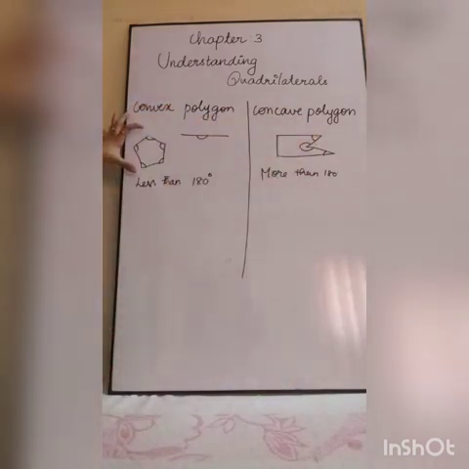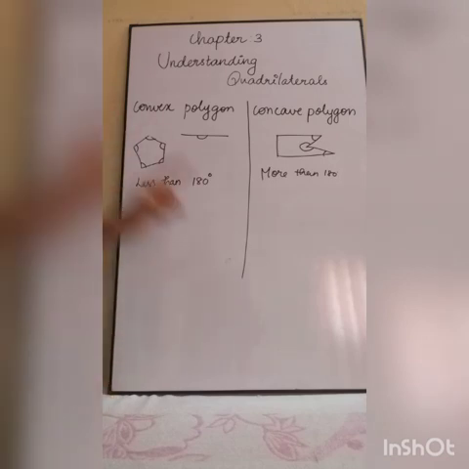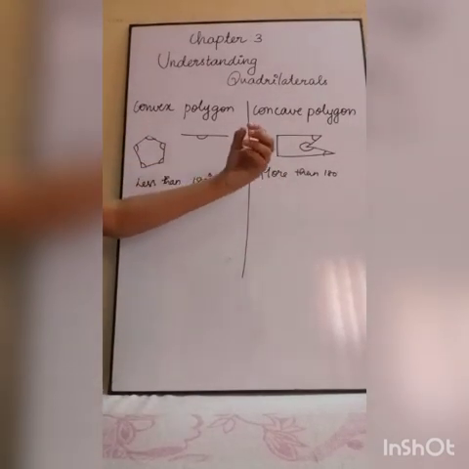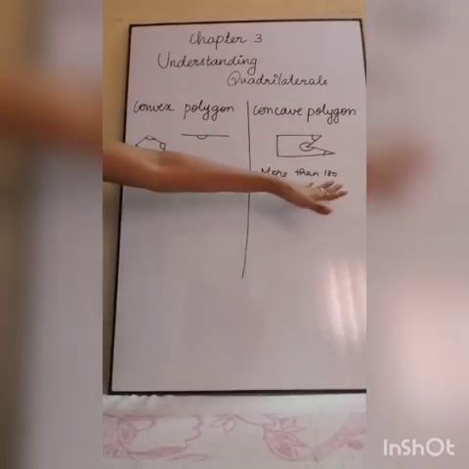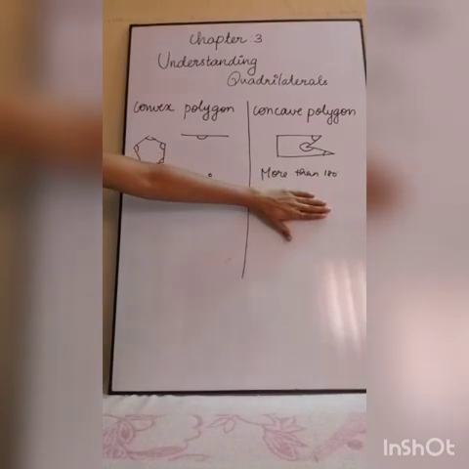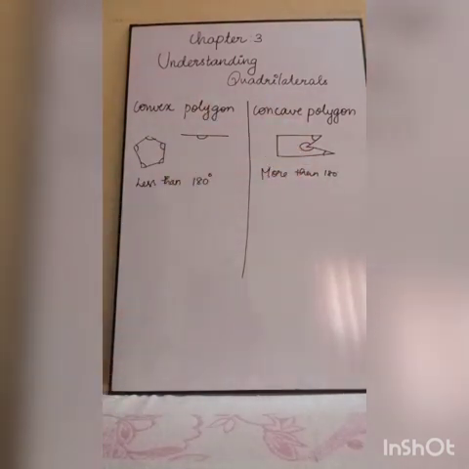Next, in convex, all the interior angles will be less than 180 degrees. In concave, the interior angles may or may not be less than 180 degrees, which means one will be more than 180 degrees. Did you understand the concept between convex and concave polygon? It is very important because it is new to you. Learn it properly and you can make notes in your book also.